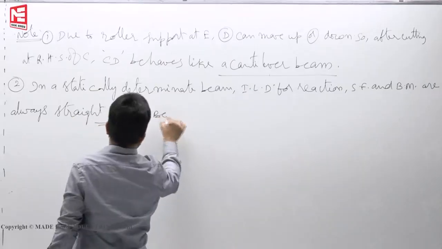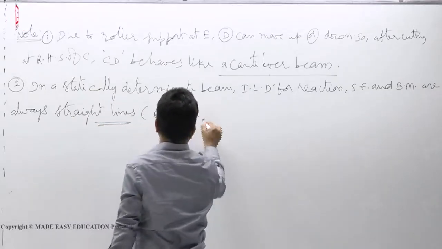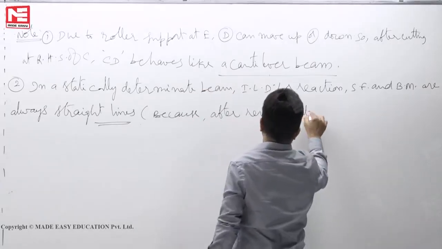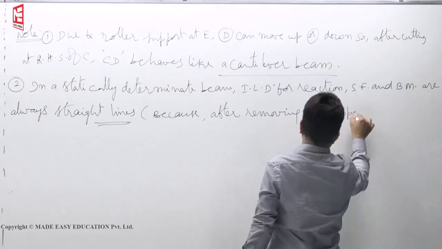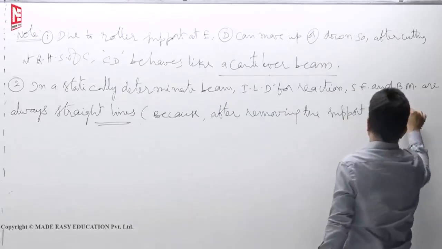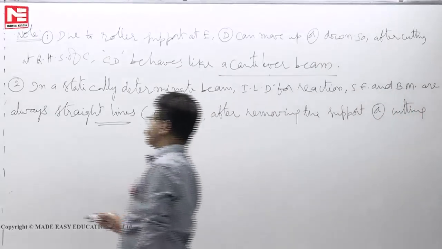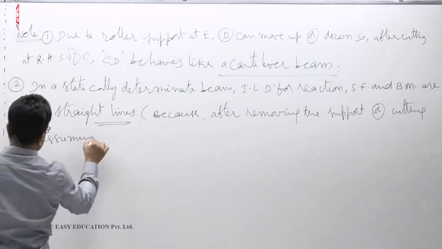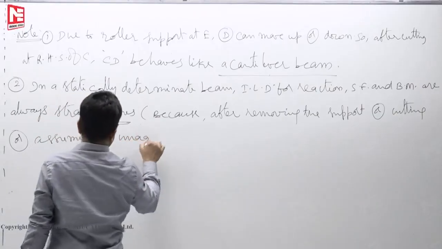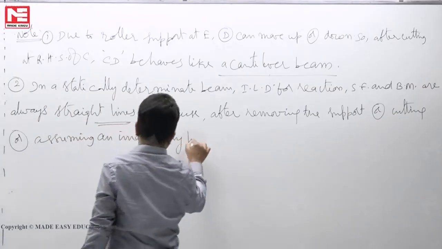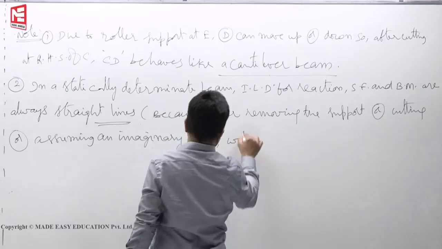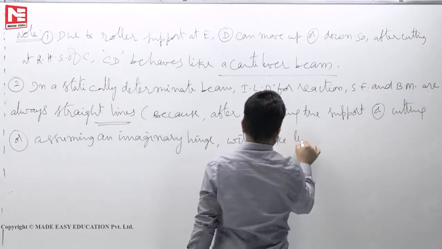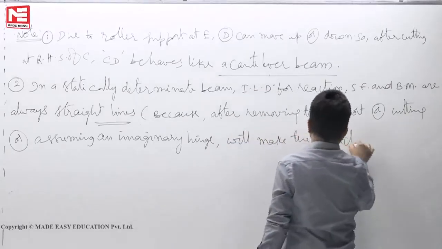Assertion. Why? Because after removing the support or cutting or assuming an imaginary hinge, it will make the structure unstable.